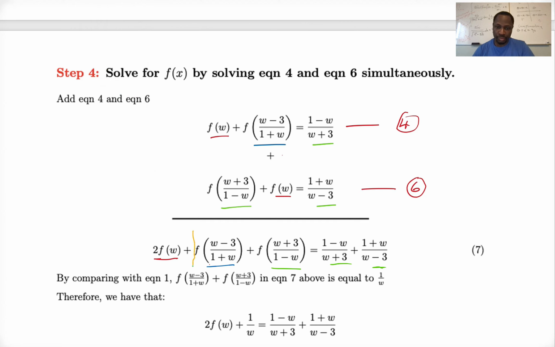So this portion of the left hand side, we have f of w minus 3 divided by 1 plus w plus f of w plus 3 divided by 1 minus w.